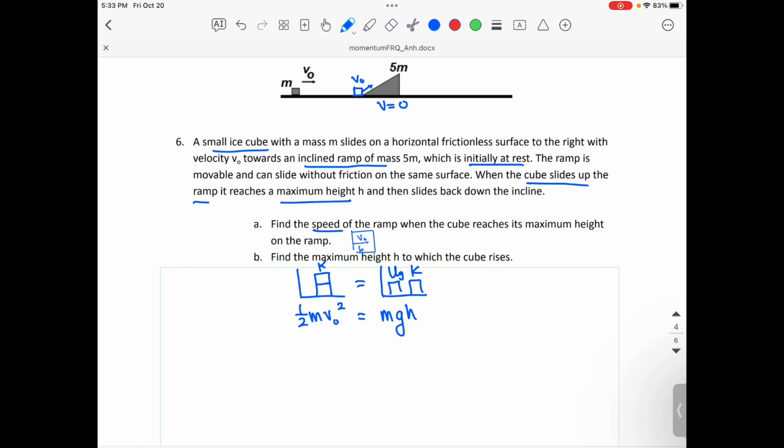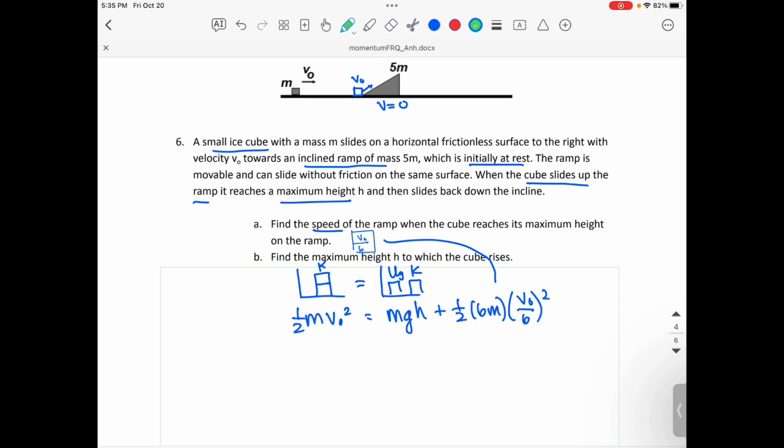The block is at a gravitational height, but the kinetic energy is of the cube and ramp system. So that's 1/2 times 6m, because I'm adding those masses together, times the velocity from part A, v naught over 6, squared.